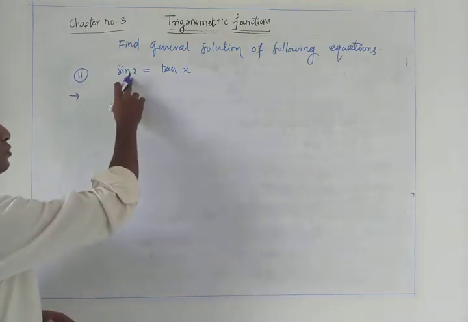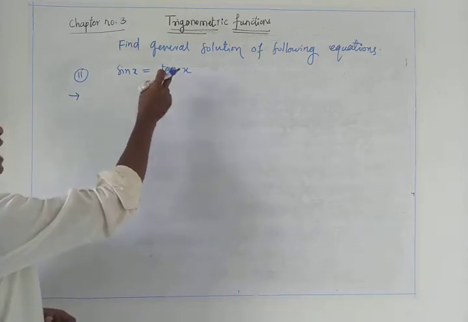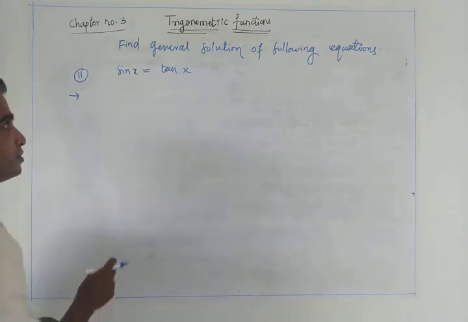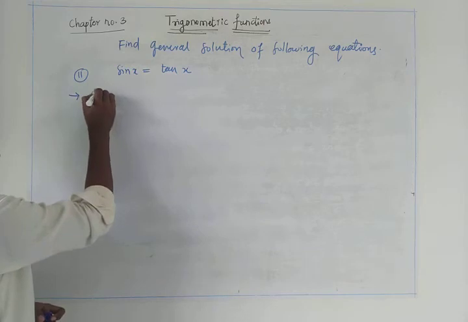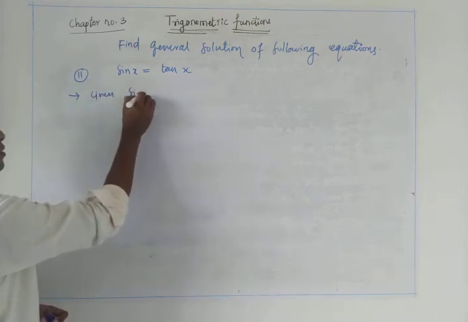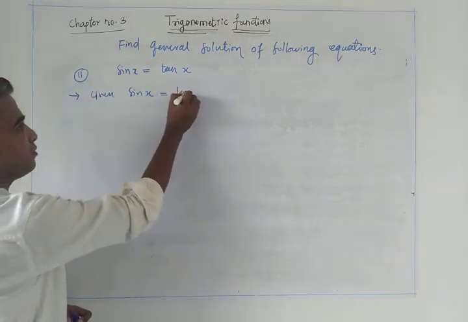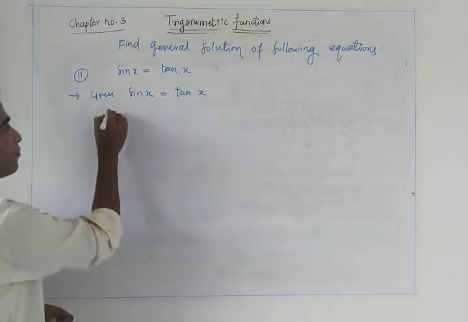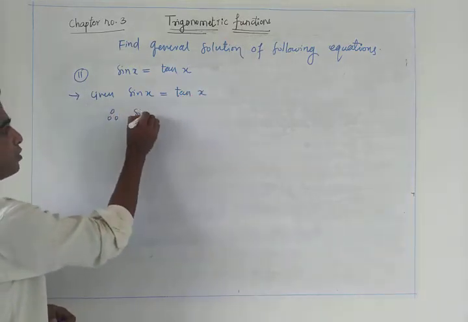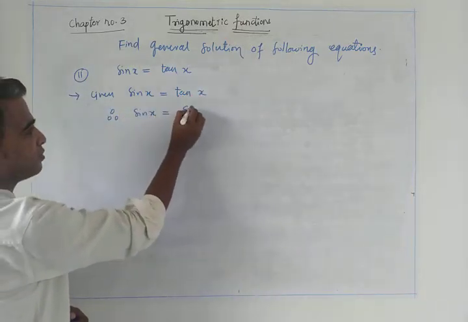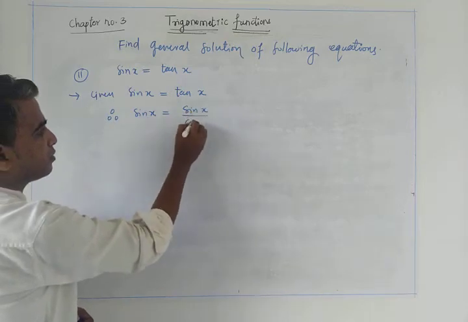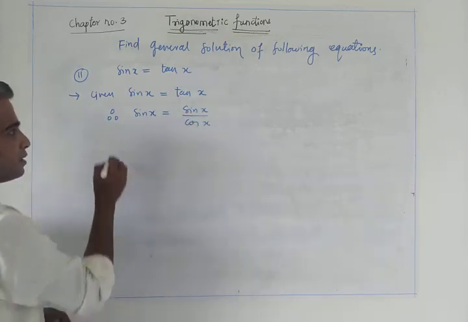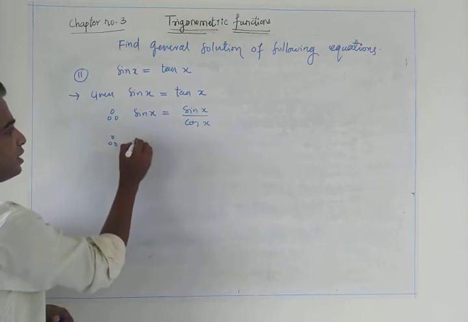Sine functions we can't convert in terms of tan, but the tan function can be written in terms of sine. So first, given sin x is equal to tan x, therefore sin x is equal to sin x upon cos x. Now rearrange it.